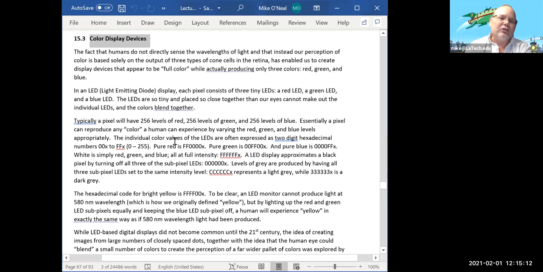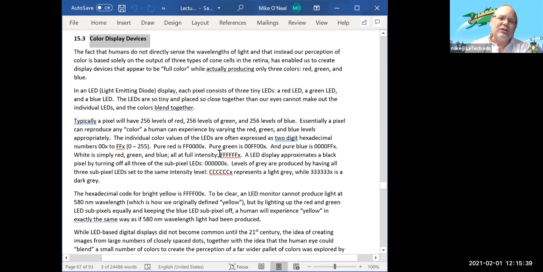And how do they work? Well, generally, color systems are defined as 256 levels of red, 256 levels of green, and 256 levels of blue. Why 256? Because two hex digits can hold that, which is 8 bits. That's why it's called 8-bit color, or 24-bit color if you do all three of them.